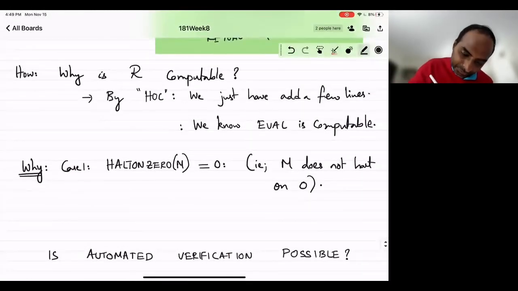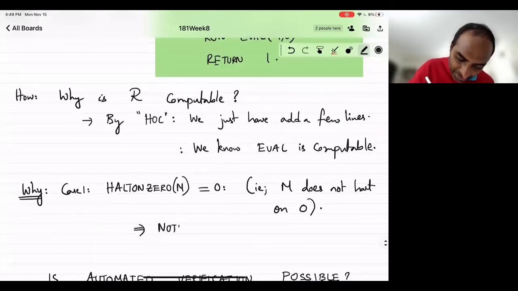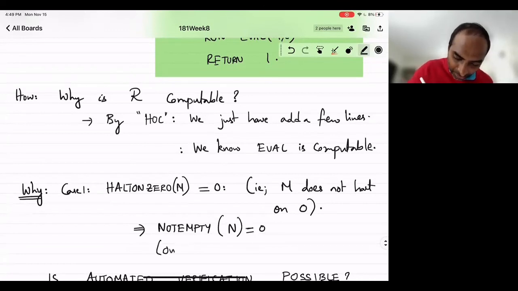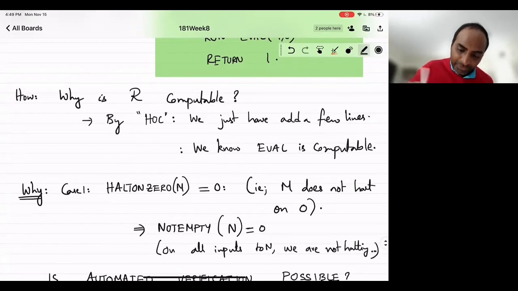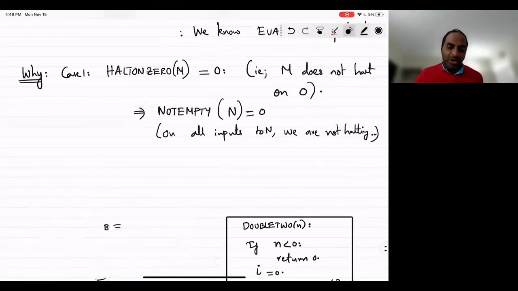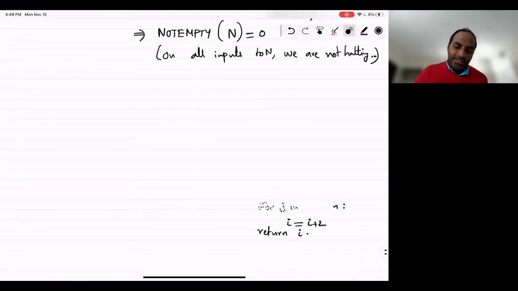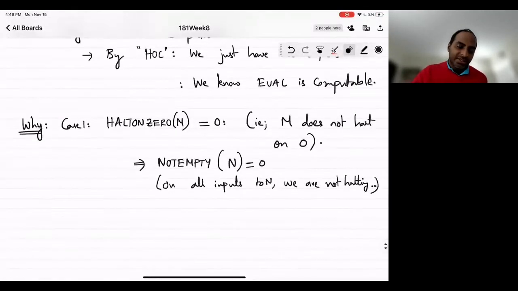That means not empty of the new program is 0. Whether or not you're halting is not important, but what's important is that you're not able to get to the second statement, which is telling you to output 1. And that's the main thing.